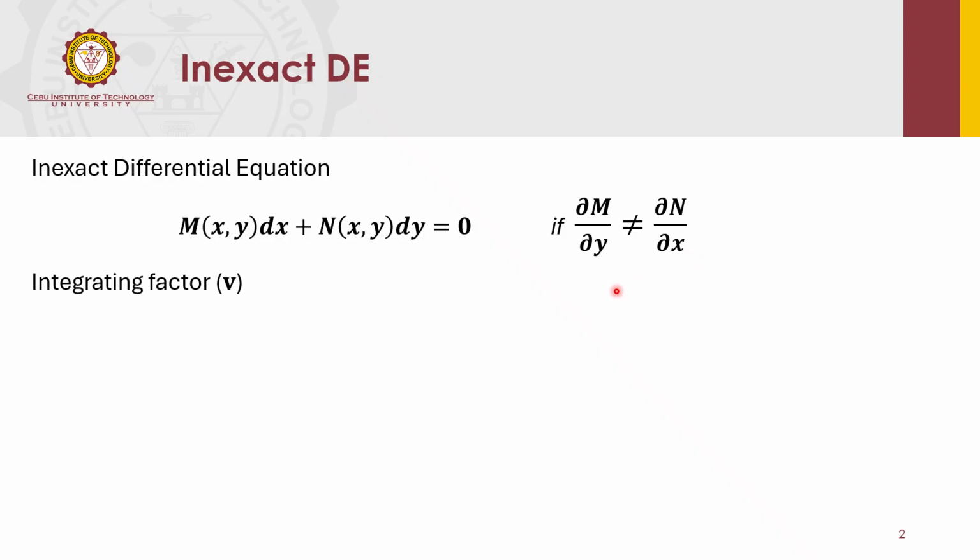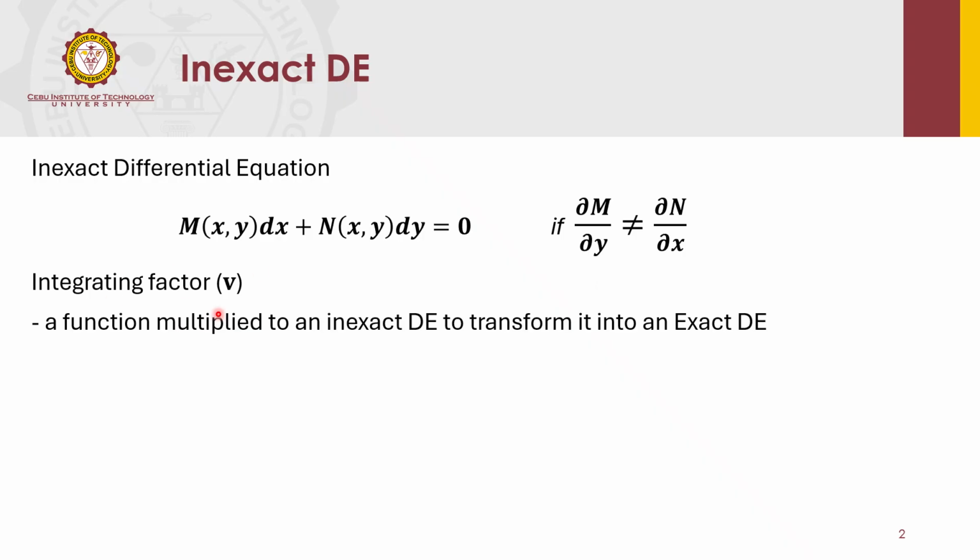So we introduce what we call an integrating factor to transform the inexact DE into an exact DE. It's a function multiplied to an inexact differential equation to transform it so that it becomes an exact differential equation.